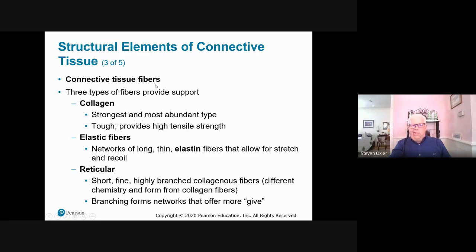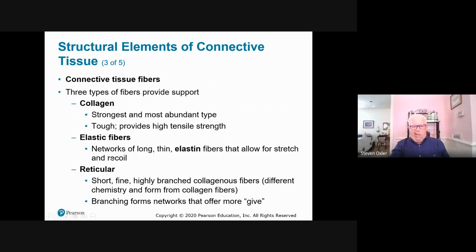Connective tissue fibers. There are three major types. They all provide support. Collagen, the strongest and most abundant. It is very tough. You also have elastic fibers. They are elastic because these fibers have the ability to stretch and recoil back into their original position.